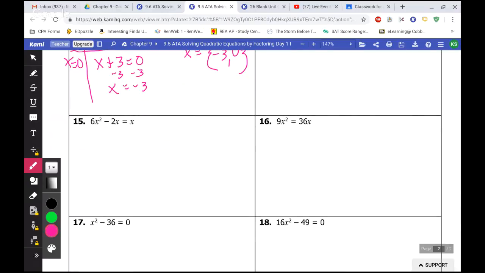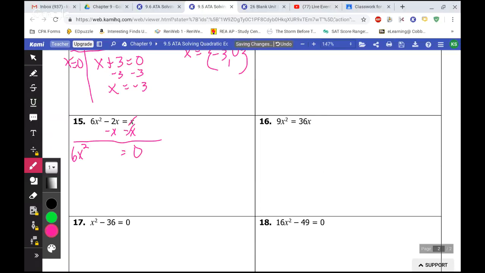All right, number 15. I've got an x on the right, so I need to combine that with my x on my left. And I'm going to subtract. And that's going to give me my 0 on my right that I'm looking for. And then 6x squared.